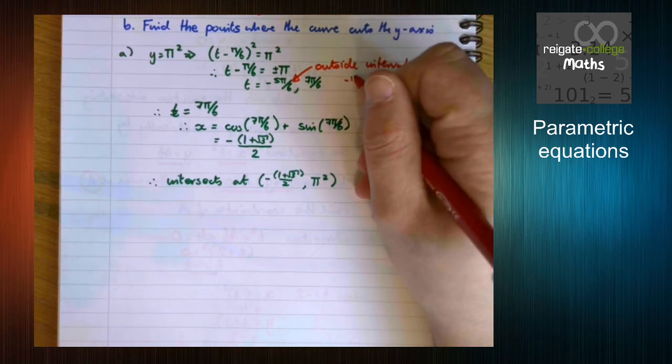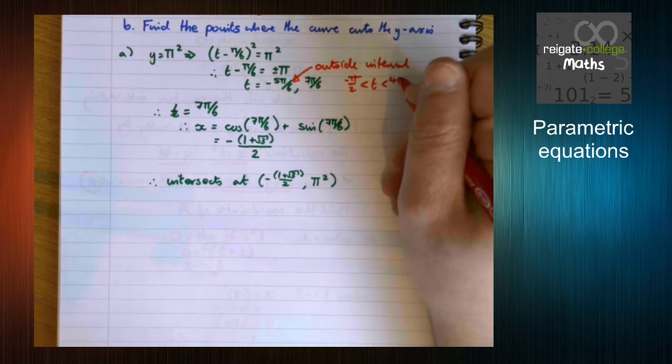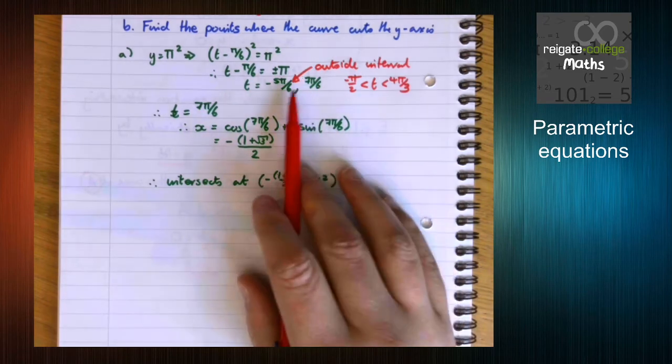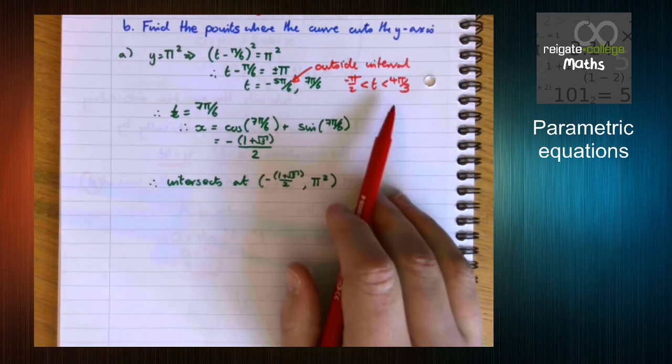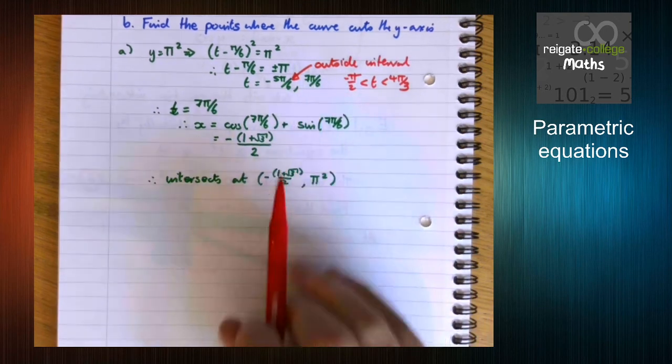Remember, we're solving for t between pi over 2 and 4 pi by 3. So we're going to ignore the minus 5 pi by 6. If you're worried about this, 7 over 6 is less than 4 over 3, because 4 over 3 is 8 over 6, so this one's fine.